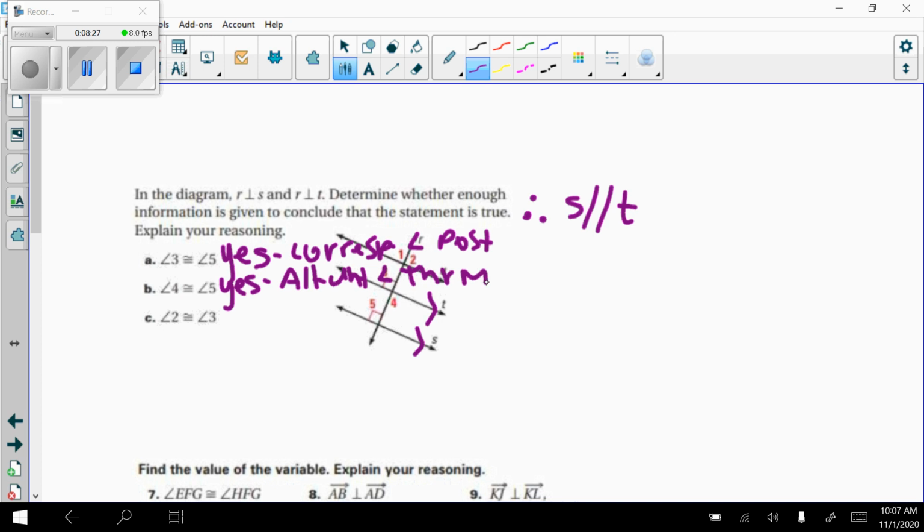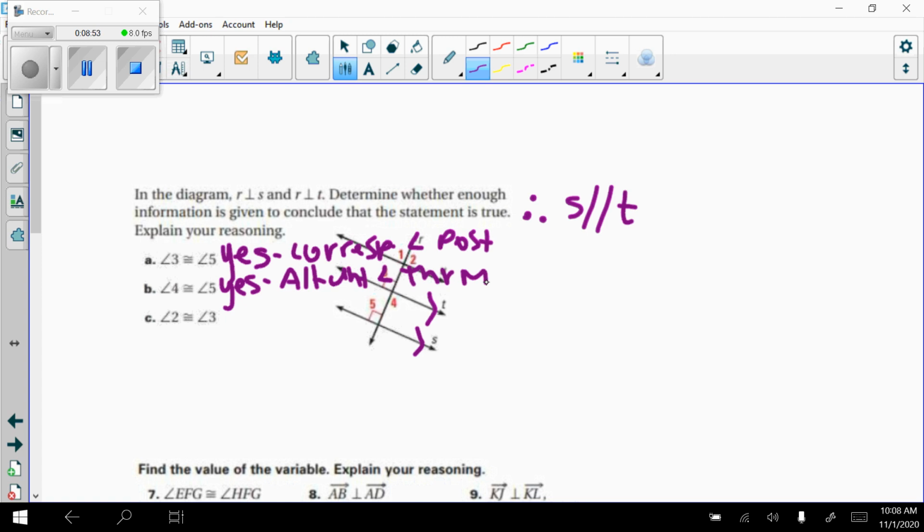And then it says angle 2 congruent to angle 3. Angle 2 is up here on line U. 3 is on line T. They both touch R, so if R could be a transversal, do we know that U is parallel to T and that R is perpendicular to U? We don't know that.